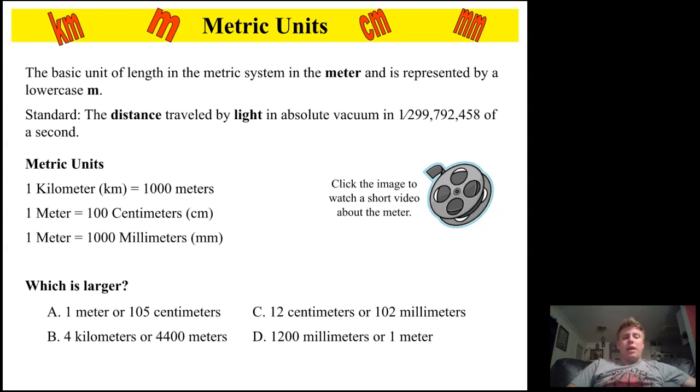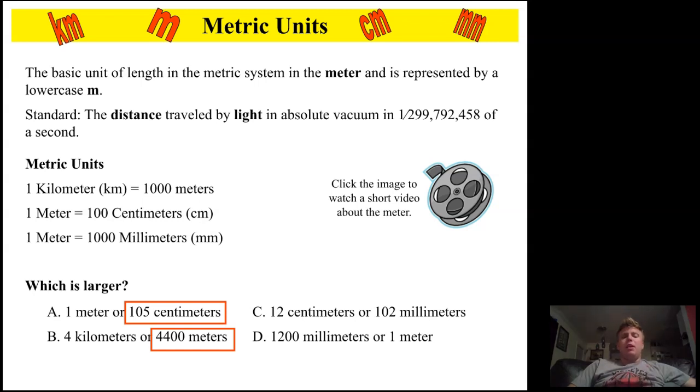Now, let's compare which is larger. Letter A says 1 meter or 105 centimeters. If you said 105 centimeters, you would be correct. Letter B is comparing 4 kilometers to 4,400 meters. If you said 4,400 meters is larger, then you would be correct.